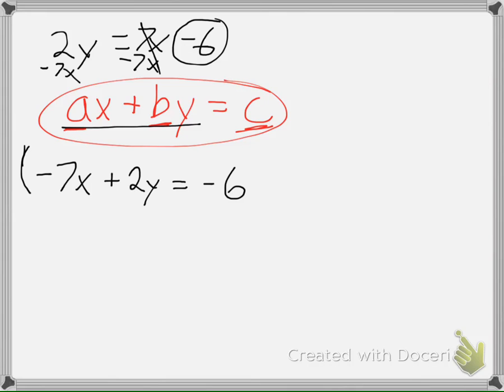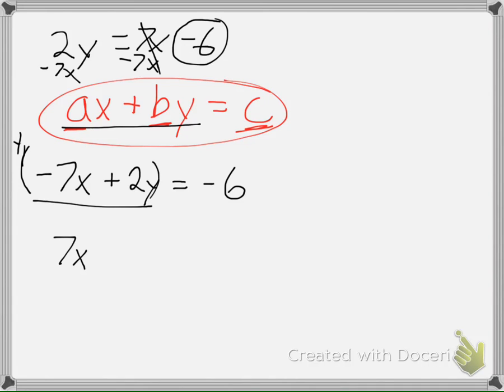So, if I multiply by negative 1, the important thing to know is I have to multiply all of it times negative 1. So it's not just negative 1 times negative 7. It's negative 1 times negative 7x and negative 1 times positive 2y, right? So really what multiplying through by a negative is going to do is it's going to change all of the signs. It's going to make the ones that are negative positive, so I'll have 7x.